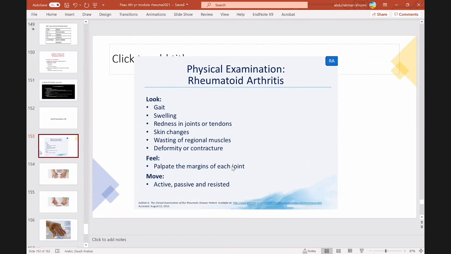You feel for joint tenderness, fullness, hotness, and warmth, and the margin of the joint capsule, and you ask the patient to move, active movement, or you do passive movement, or assisted movement to elicit the pain, and then you do special tests.